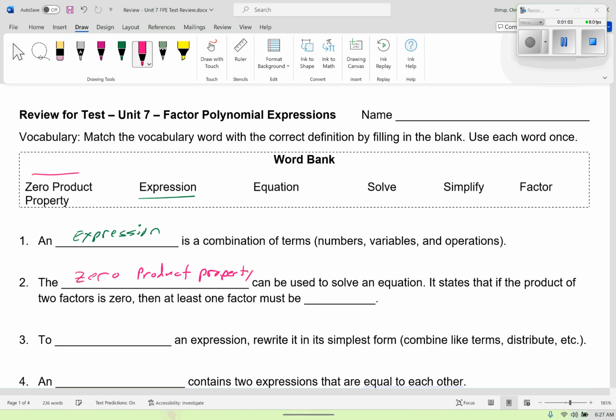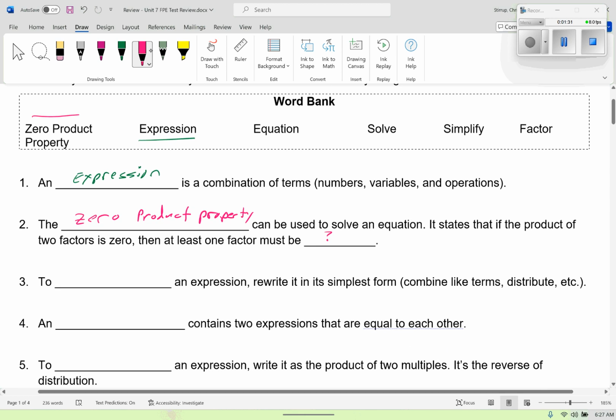It states that if the product of two factors is zero, then at least one factor must be zero, I guess. I'm going to put a question mark there. And I know that on the test, you're not going to see that one. So that's kind of a goofy one.